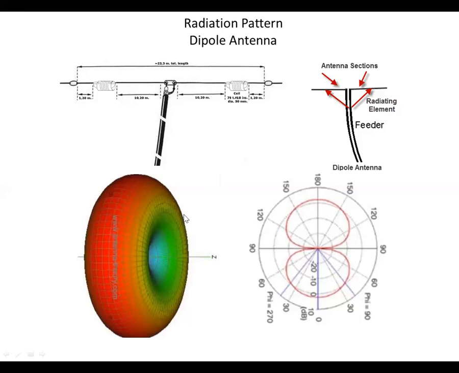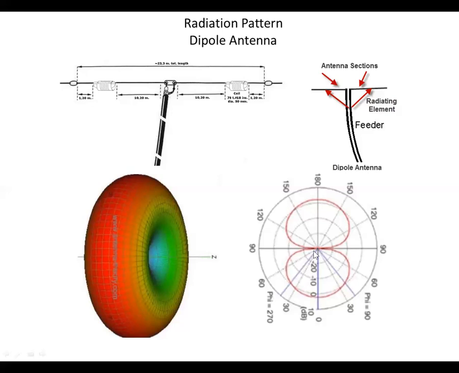So your radiation is going to be around the elements and going out in all directions, up and down to the ground and out across the surface of the earth. If you take a slice through this donut and look at the cross section, this is what your propagation would look like with the wire going into the page.